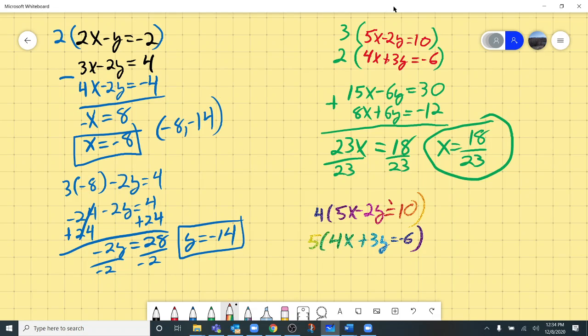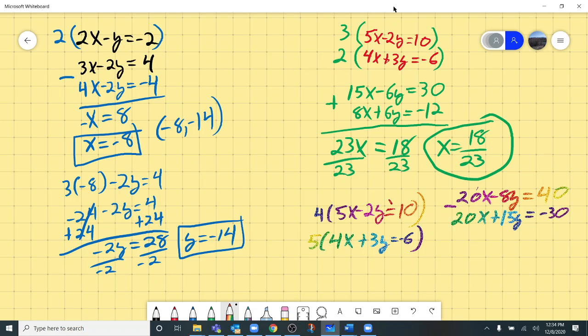Okay, and I'm just going to bring those over. That gives me 20x minus 8y equals 40, and 20x plus 15y equals negative 30. All right, so I have a positive 20x and a positive 20x. If I want them to be eliminated, I need to subtract.